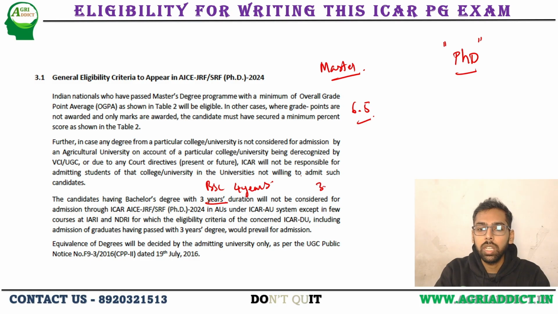A BSc degree with 3 years is not acceptable in genetics and plant breeding, whereas a 3-year BSc degree is acceptable in a few subjects such as biotechnology, biochemistry and physiology, etc. There is also a provision for deemed universities where this 3-year BSc degree is accepted.